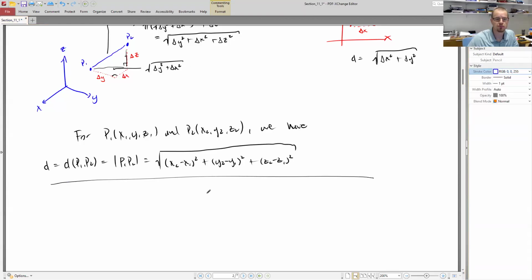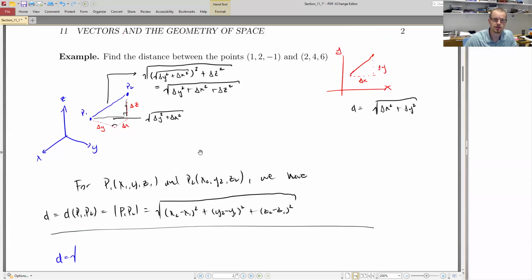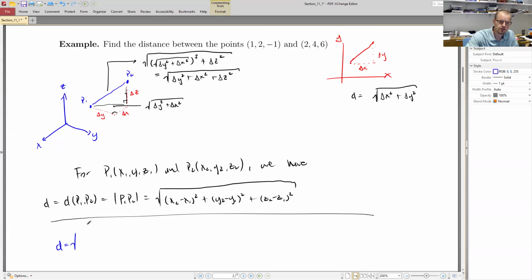If we return back to our problem, I just have to review our points here: 1, 2, -1, and 2, 4, 6. The difference in x values, 1 minus 2. Well, if we do it the other way, then it gives us positive.